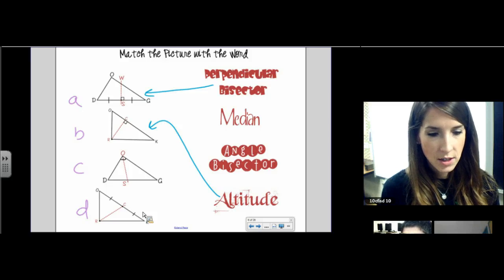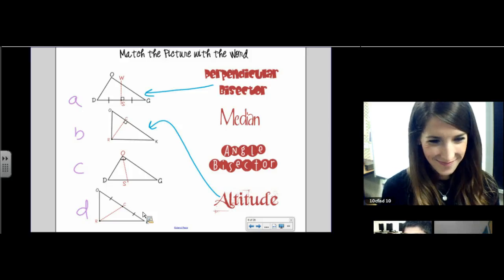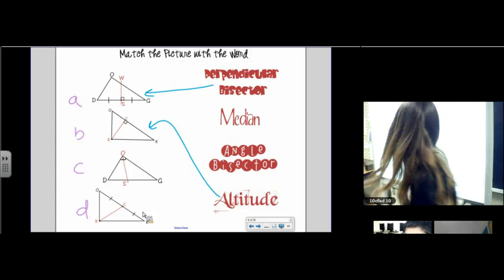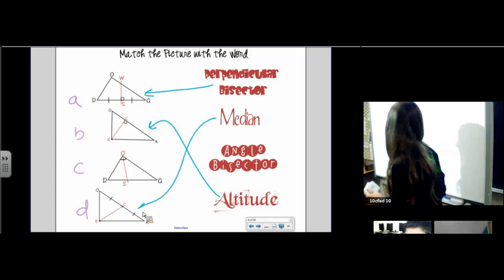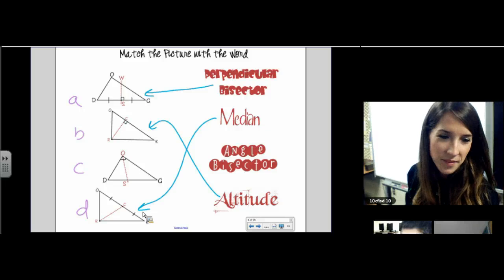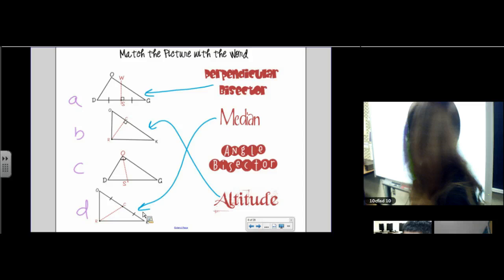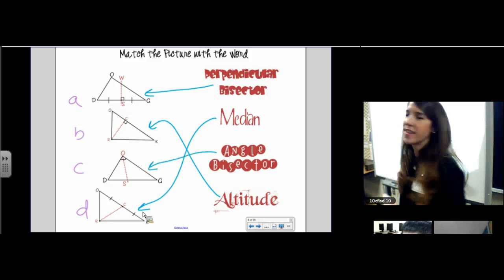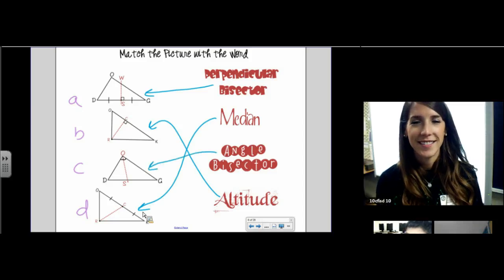C is a median. Try again. Araceli's is a median, yeah. So what's yours, Johan? There we go. Okay. Okay, the lesson's over. I taught you everything. Just kidding.